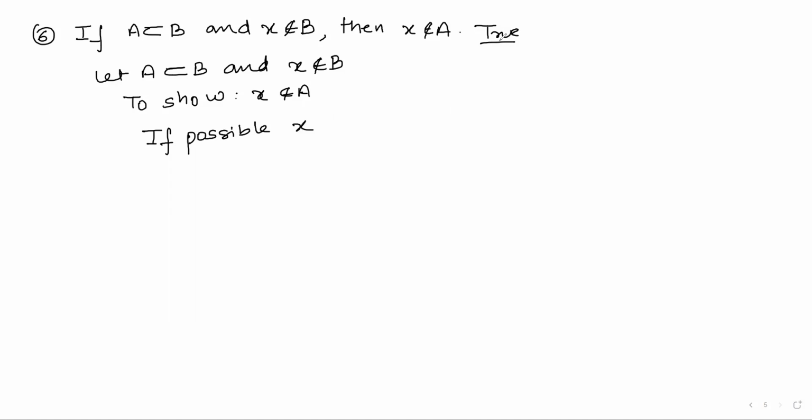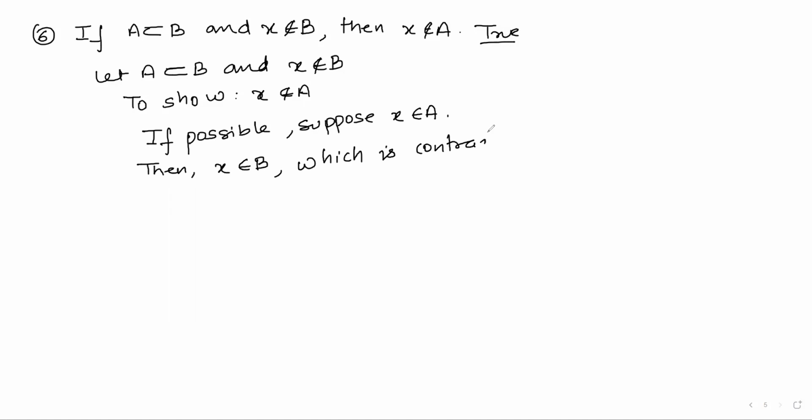Suppose X belongs to A, then X belongs to B, which is a contradiction, as X does not belong to B. Therefore X does not belong to A.